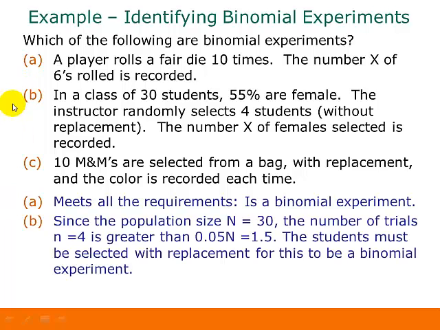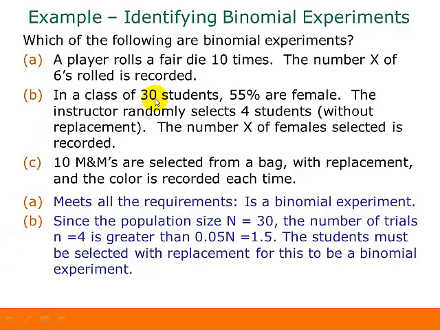Okay, part B, it says in a class of 30 students, 55% are female. The instructor randomly selects 4 students without replacement, and the number X of females selected is recorded. So here where we're selecting without replacement, we have to think about whether we can ignore the requirement or not.